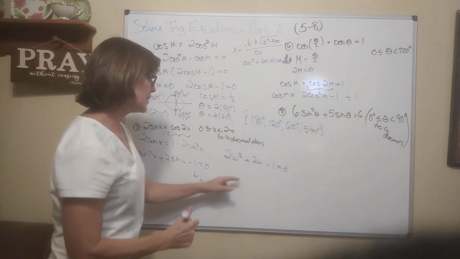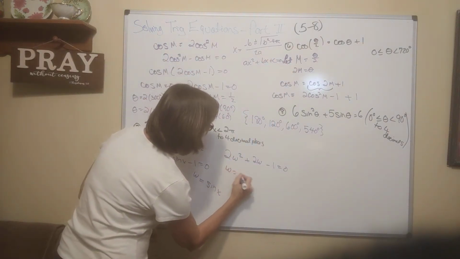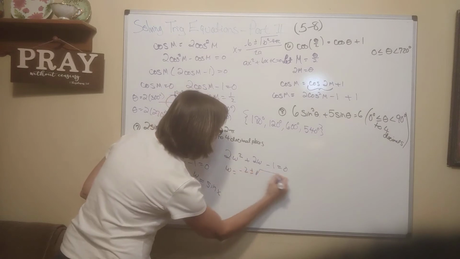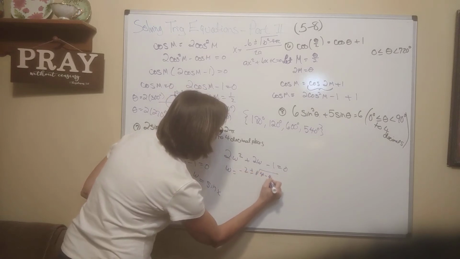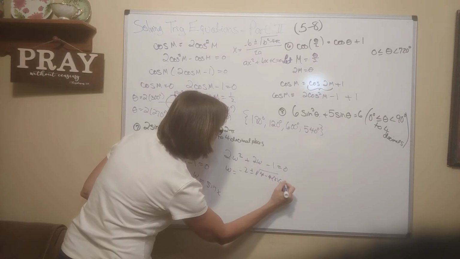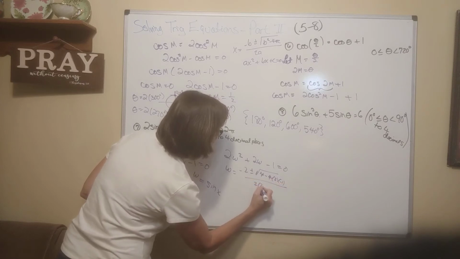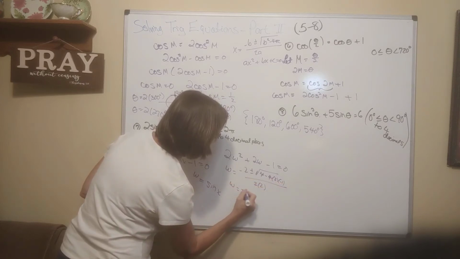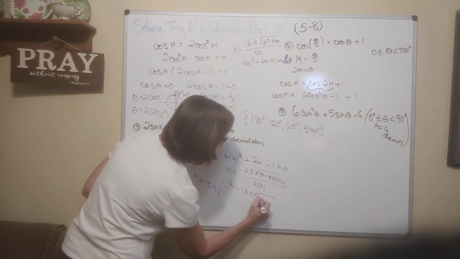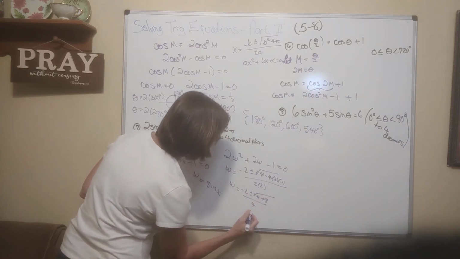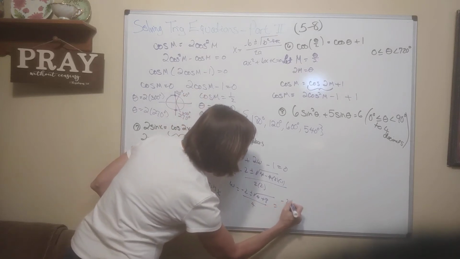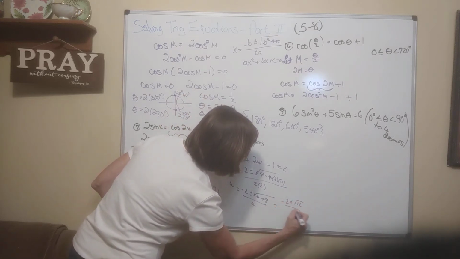So I'm going to do that for this. w is negative b plus or minus the square root of b squared minus 4ac all over 2a. So this is going to be negative 2 plus or minus the square root of 4 plus 8 over 4, or negative 2 plus or minus the square root of 12 over 4.